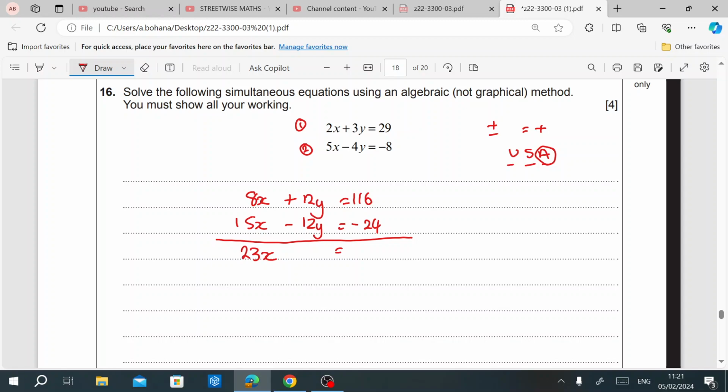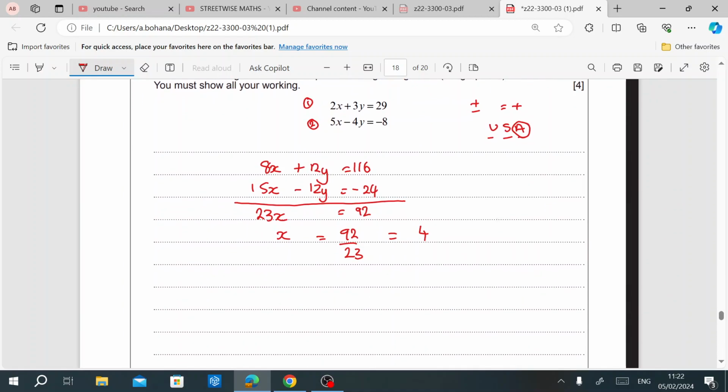So equals 116, take away 24, which is going to leave you with 92. So x is equal to 92 divided by 23, which is going to be equal to 4. So we now know that x is equal to 4.